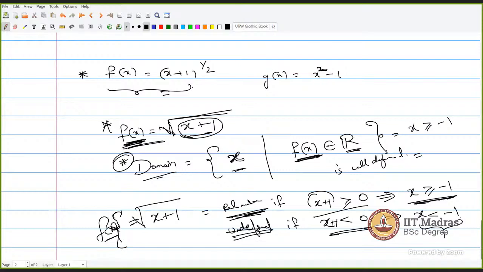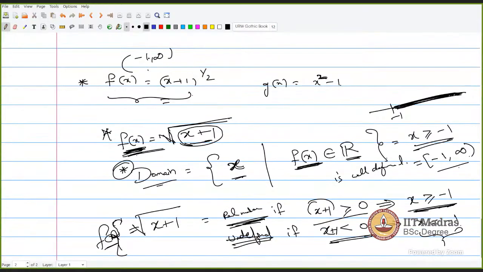If I want to show it in intervals, I can write it as minus 1 to infinity. This x greater than or equal to minus 1 is nothing but all the values which are right of minus 1. So the domain of this function f of x is minus 1 to infinity.